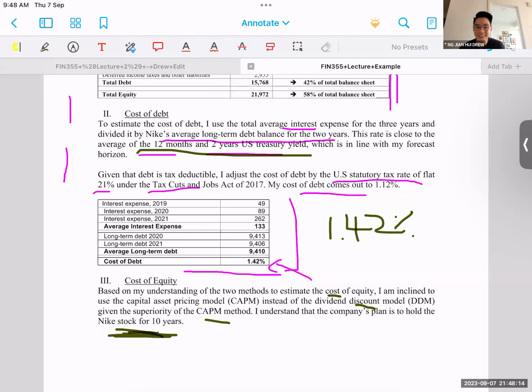Anyone want to give this a try? What's wrong with the cost of equity? You can unmute yourself, feel free, if it's easier rather than typing.